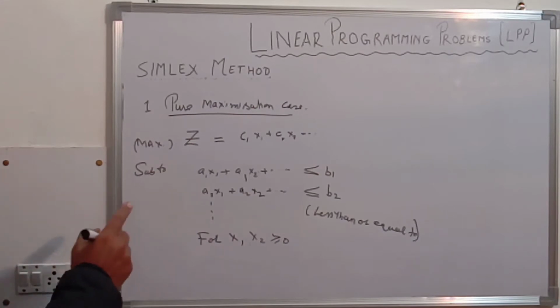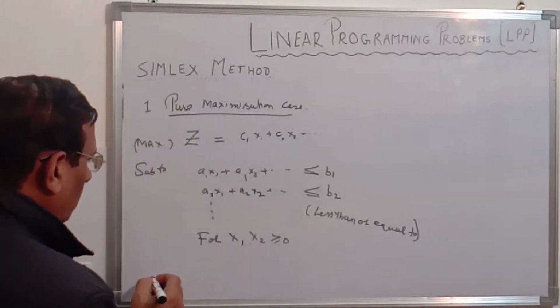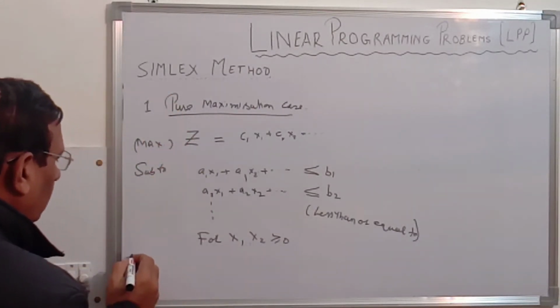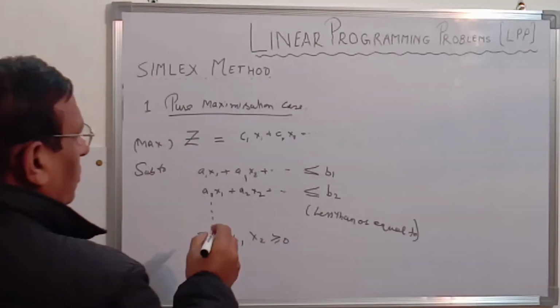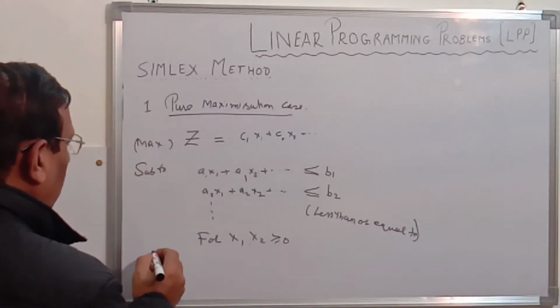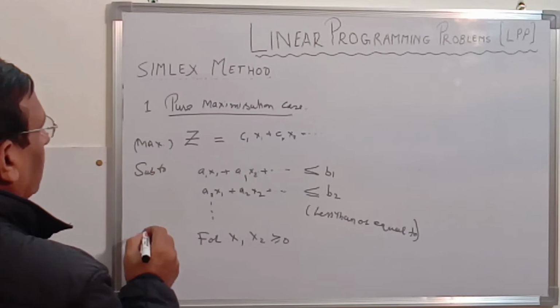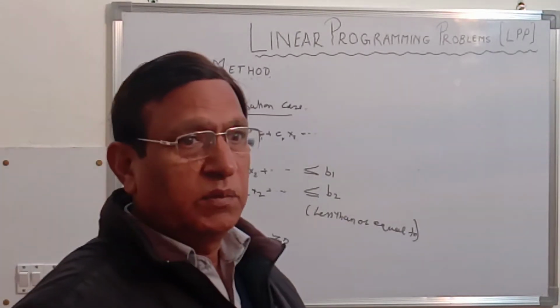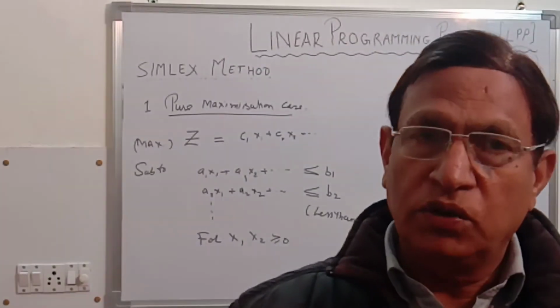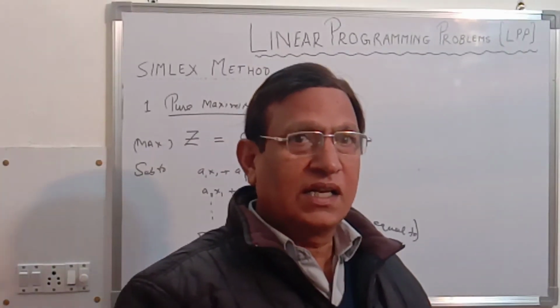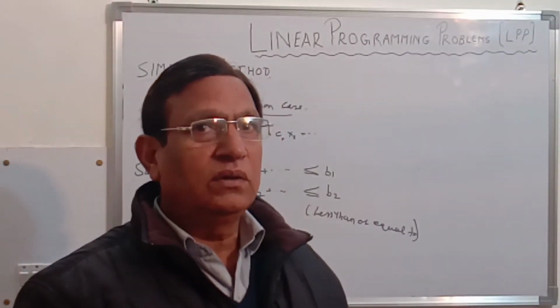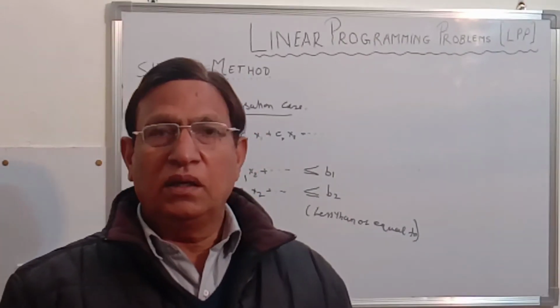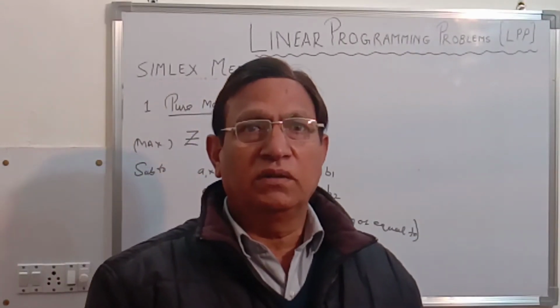And to solve this problem, we require variables. There are three types of variables which we use here. Number one, slack variable. Number two, surplus variable, and number three, artificial variable.